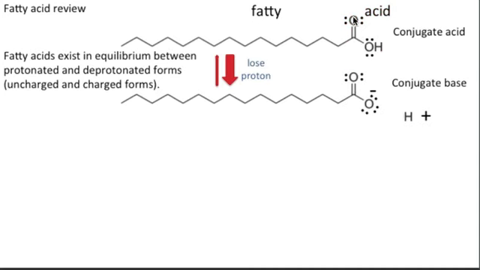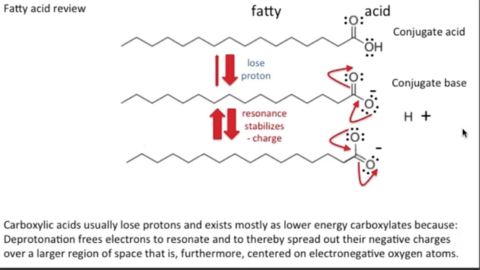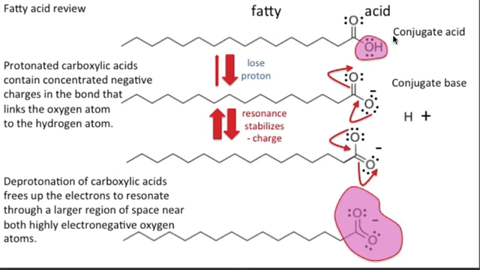oxygens on it. Carboxylic acids tend to be in the carboxylate form. They tend to lose the proton because by doing so, that allows these electrons in the double bonds to one of the oxygens resonate completely equally among both of them, so that if you have it protonated, the electrons in the bond to the hydrogen and oxygen are constrained into a small region.